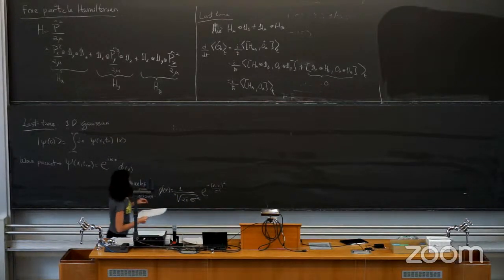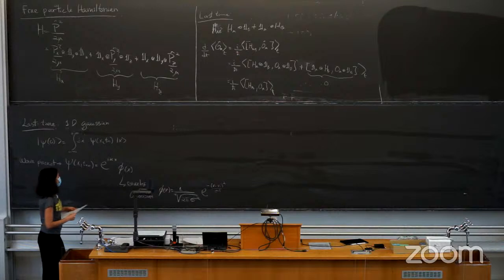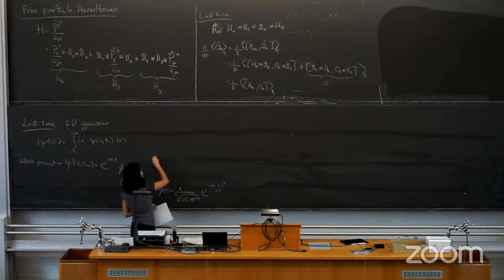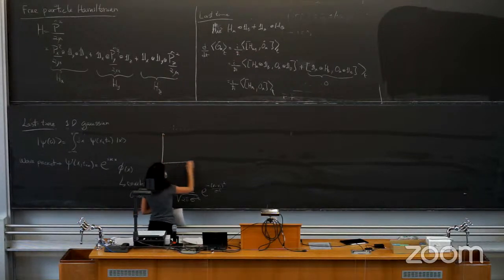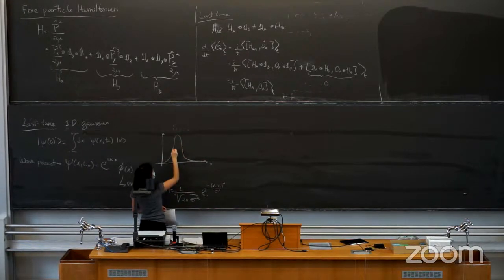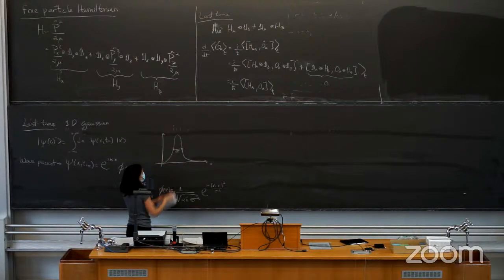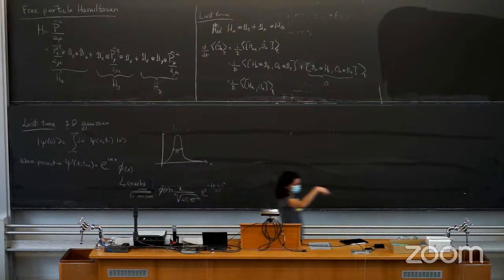So it looks something like this, and what it looks like if you plot it on x is something like so, where sigma is somewhere in the middle, so that something like 60% of the probability is inside sigma. And the actual wave function has a real part and a complex part, and they both oscillate.